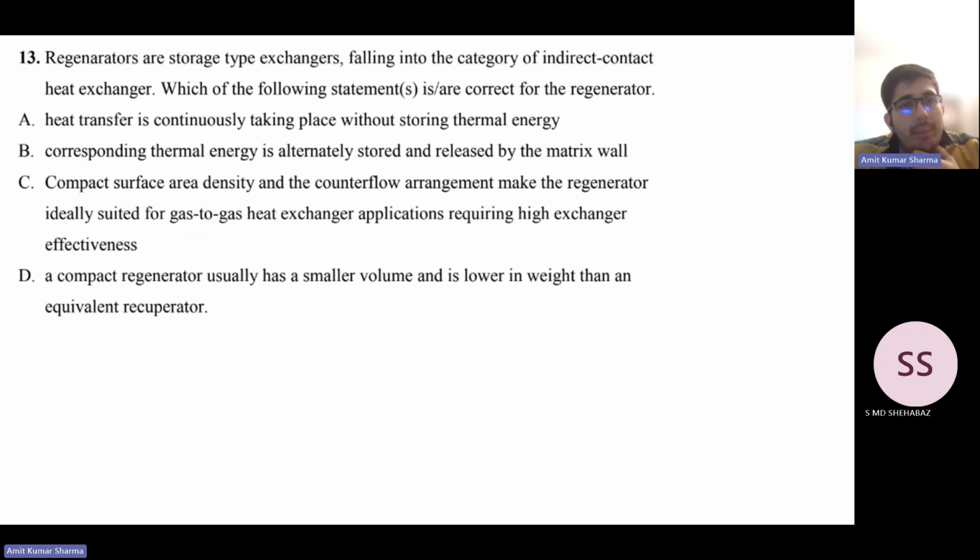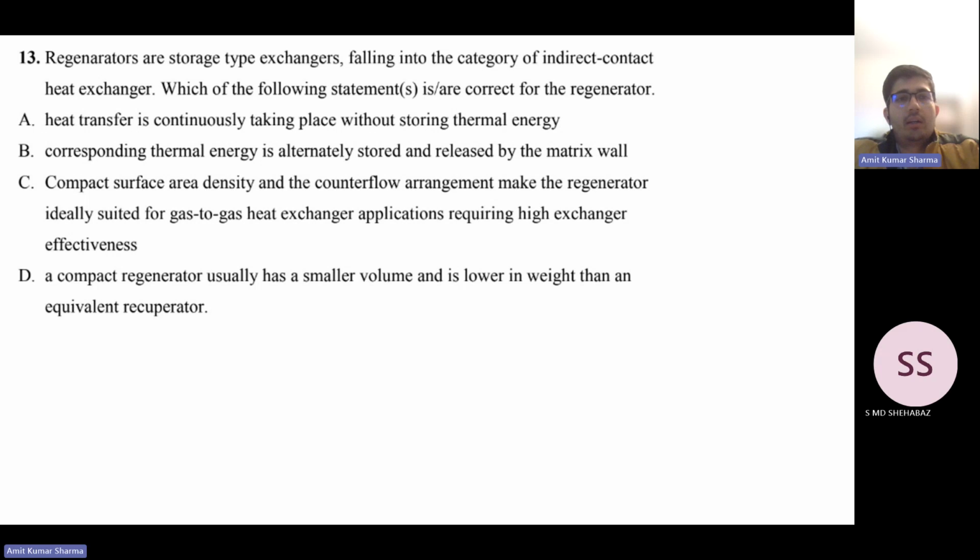Regenerators are storage type exchangers falling into the category of indirect contact heat exchangers. Which of the following statements is or are correct for regenerator? Statement A is heat transfer is continuously taking place without storing thermal energy. B, corresponding thermal energy is alternatively stored and released by the matrix wall.